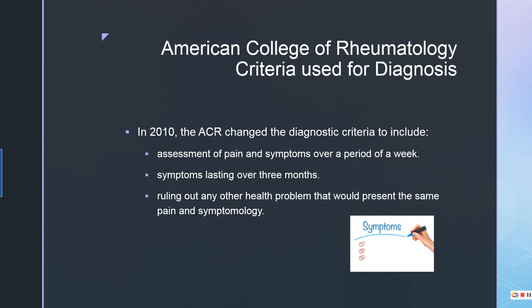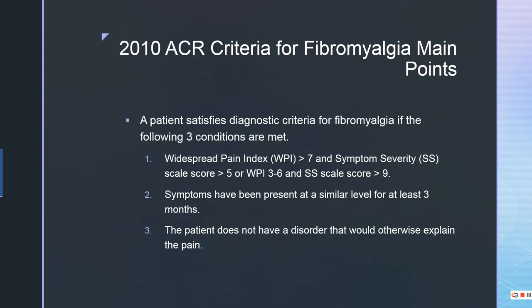In 2010, the ACR changed the diagnostic criteria to include assessment of pain and symptoms over a period of a week, symptoms lasting over 3 months, and ruling out any other health problem that would present the same pain and symptomatology. A patient satisfies the diagnostic criteria for fibromyalgia if the following 3 conditions are met: 1.